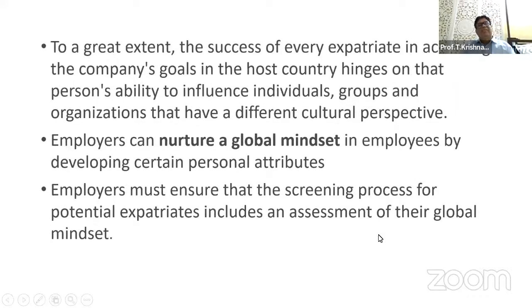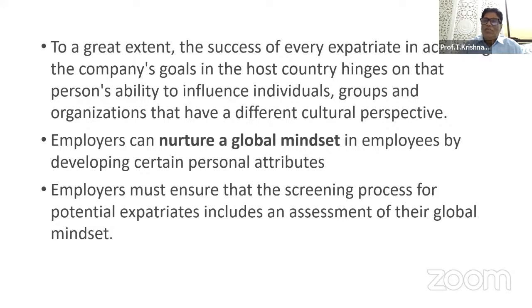To a great extent, the success of every expatriate in achieving the company's goals in the host country hinges on that person's ability to influence individuals, groups, and organizations that have a different cultural perspective.